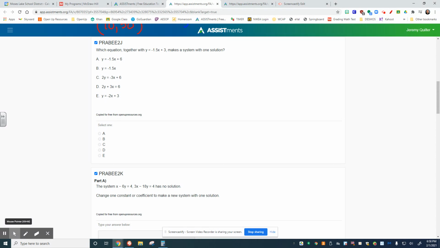Which equation together with negative 1 5/10 times x plus 3 makes a system with one solution? Think about the piece to this. One solution, different slopes. Right now, I know that this equation has a slope of negative 1 5/10.